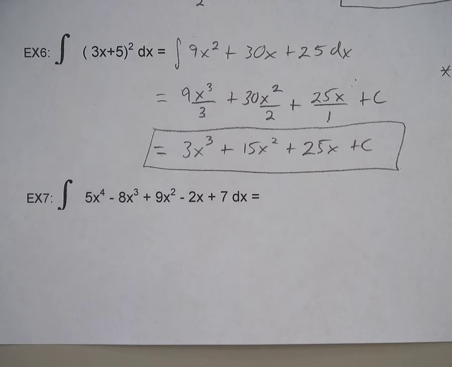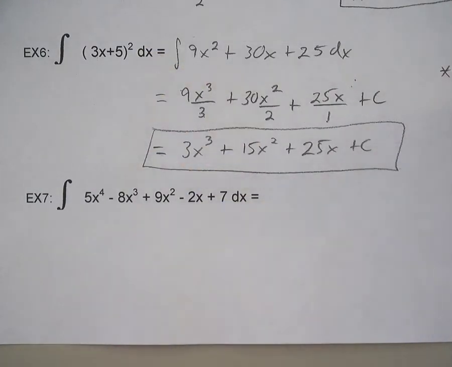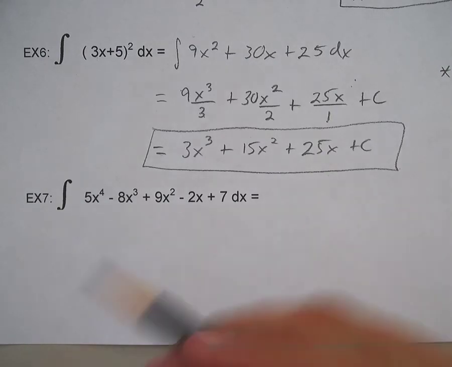Number 7, the integral of 5x to the fourth, and so on. Pause a sec, write it down if you need it. First thing I notice on this one, unlike up here, there's nothing to simplify. All the other ones above it, there was something to simplify. Down here, there's not much. So let's do it.